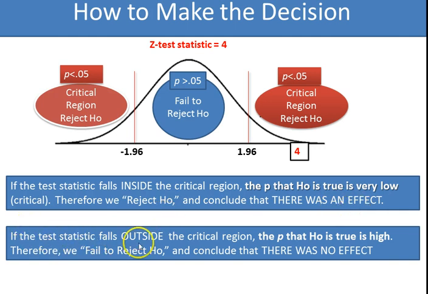If the test statistic had fallen outside the critical region, meaning it would fall outside of the low probability areas and instead fall in this high probability area, then the probability that H0 is true, the probability that there is no effect, is very high, and therefore we would fail to reject the null hypothesis and conclude that there was no effect.